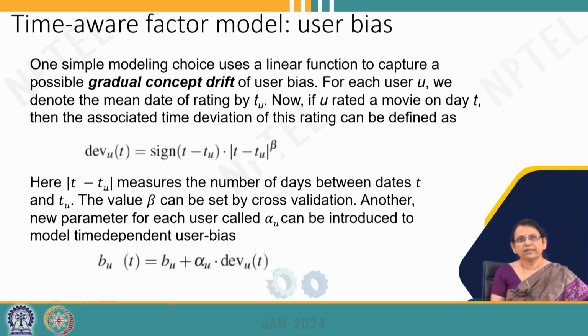So, here we are considering two things. One, there can be a gradual drift in the behavior of the user. This can happen when you are talking about a single user who behaves differently at different points of time.